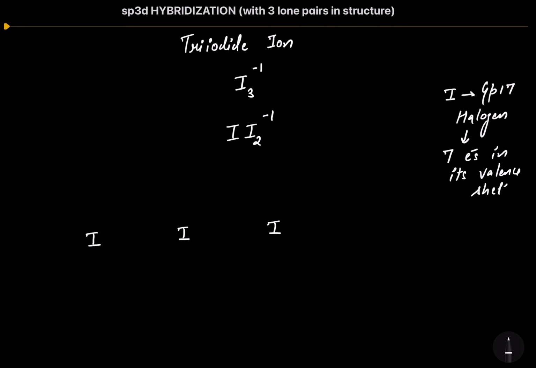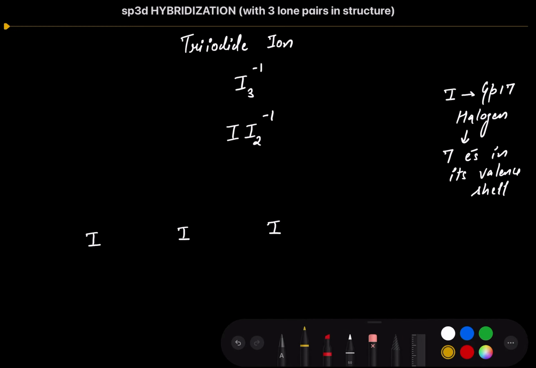So let's mark 7 electrons around each iodine. I'm marking the electrons around the first iodine first.